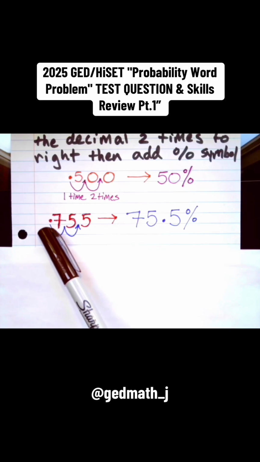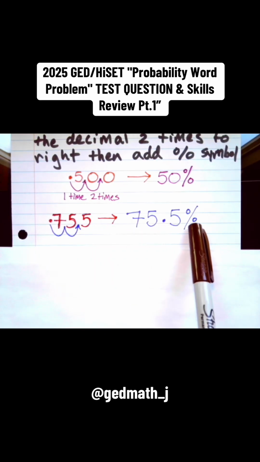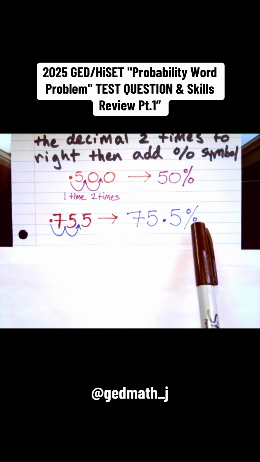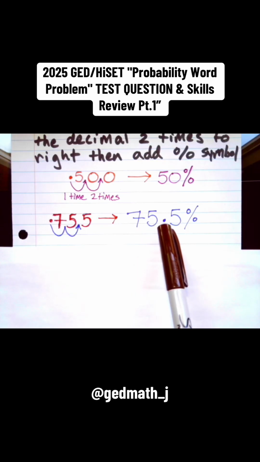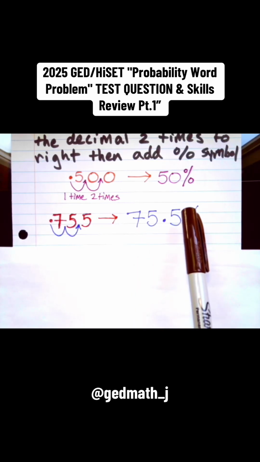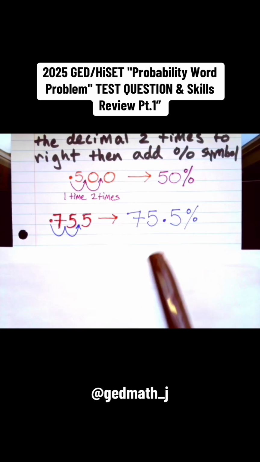You take that decimal, move it 2 places to the right, add your symbol, and you have 75.5%, because there's that invisible 0 to the right of the 5. You can put as many zeros as you like. So that is a quick video on how to turn a fraction to a decimal to a percent.